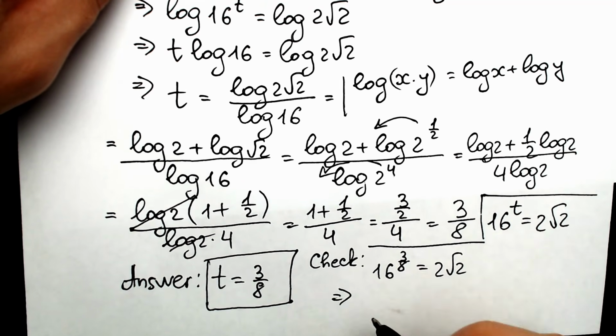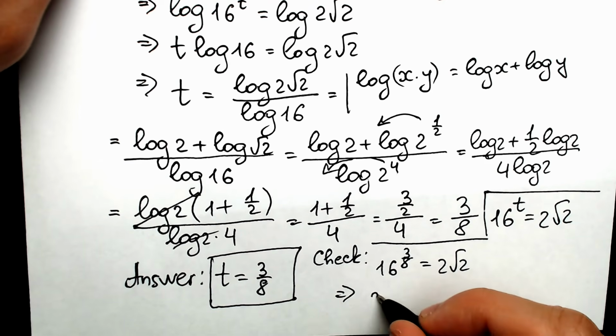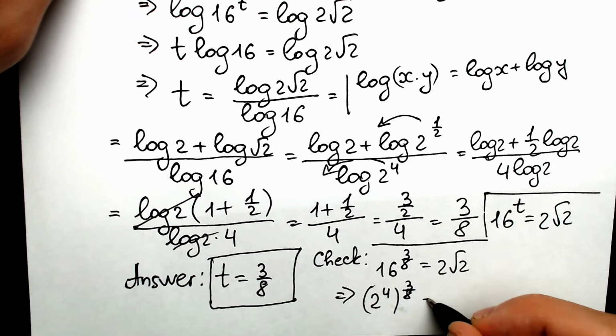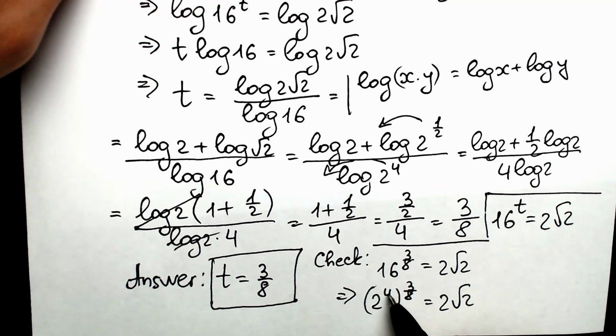Okay, so how can we simplify it? First of all, this 16 let's write as 2 to the power 4. So we have 2 to the power 4 raised to the power 3 over 8 equals 2 square root of 2. Right now, when we multiply this 4 by 3 over 8, we have 3/2.